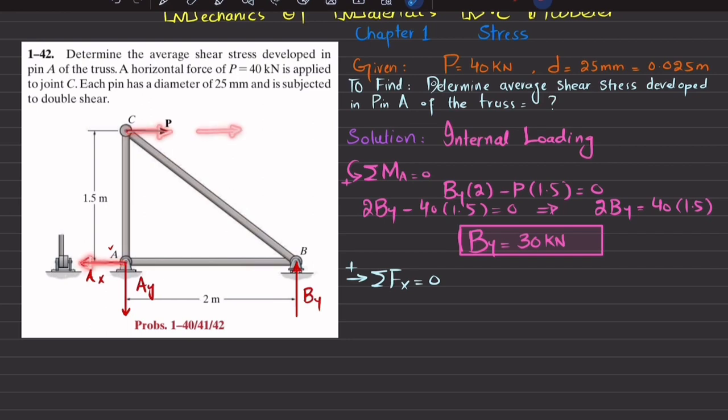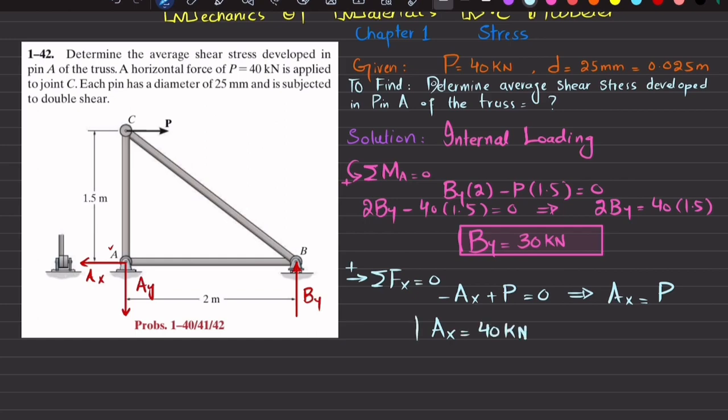So their sum must be equal to 0. So minus Ax plus P is equal to 0. From here Ax will be equal to P, and we know that the value of P is 40 kilonewton, so Ax is equal to 40 kilonewton.